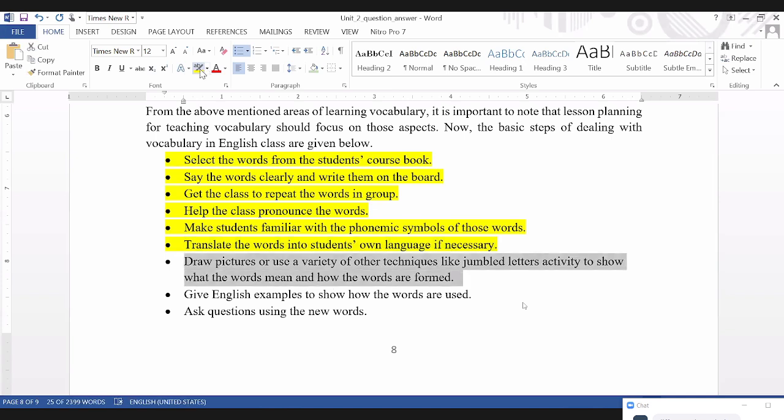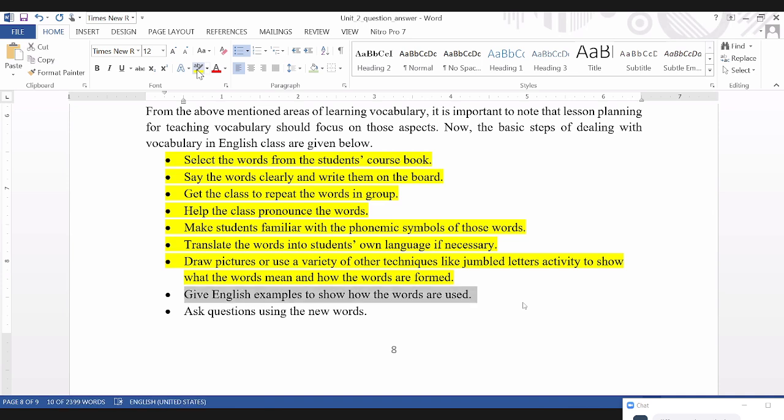Okay, and draw pictures or use a variety of other techniques like jumbled letters activity to show what the words mean and how the words are formed. Different activities we can use to show the meaning of those words and how those words are formed.